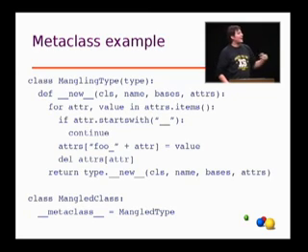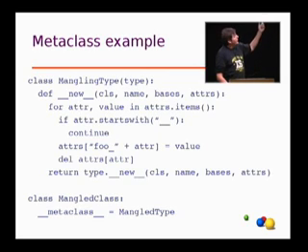The name of the class that needs to be created, the bases, which is a tuple of the bases that are named in the class statement, and the dict, that is the namespace of the code object. It's just a dict with attributes.